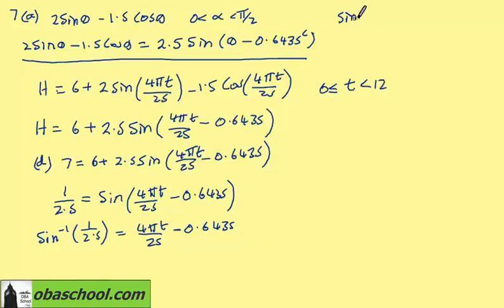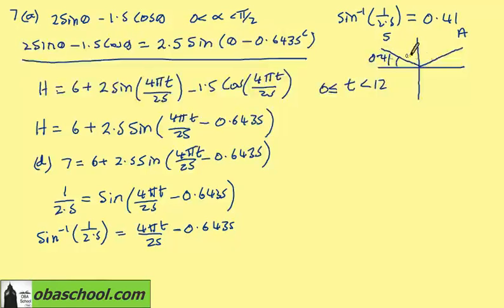Now, the inverse sine of 1 over 2.5 gives us 0.41 radians. We're probably going to need the secondary value as well. 0.41 is here. For a sine which is positive, we're going to need the second one in the S quadrant, such that this is 0.41.